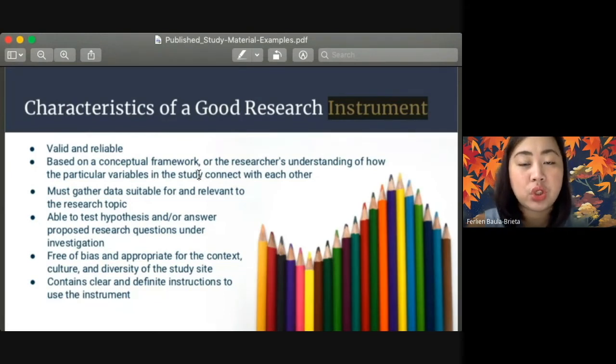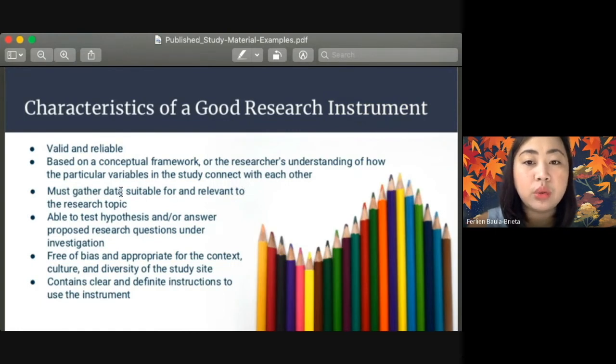The next characteristic is that you must gather data suitable for and relevant to the research topic. You must ensure that your research instrument only contains the data that would answer your research objective or the statement of the problem.